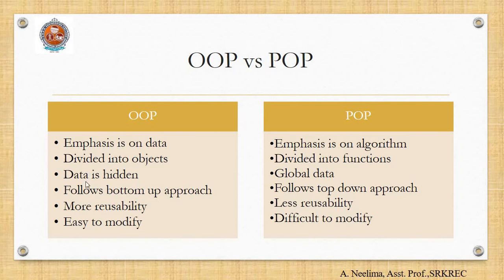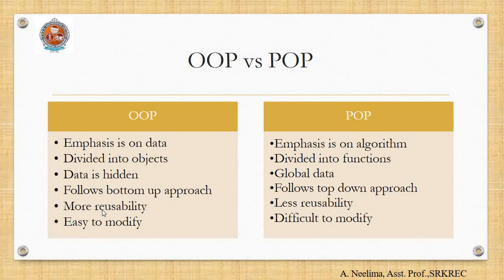Next, in object-oriented programming, the data is hidden. In POP, global data is generally used and it is available to all the functions. So this is nothing but global data. And OOPs follows the bottom-up approach and POP follows the top-down approach.